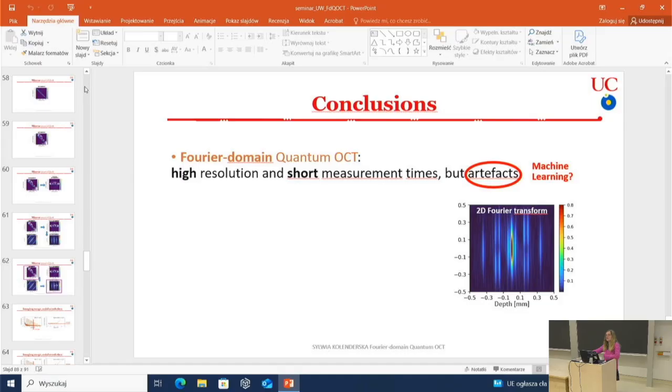So as far as I remember, the problem was with the quality of the images, but yes, they were able to obtain A-scans as well. I can point to the right literature later, if you like.